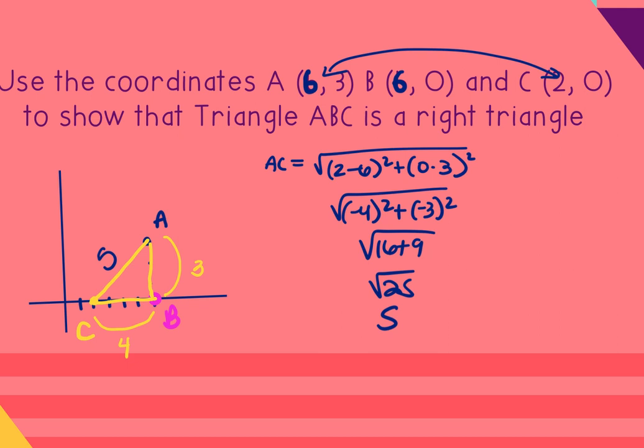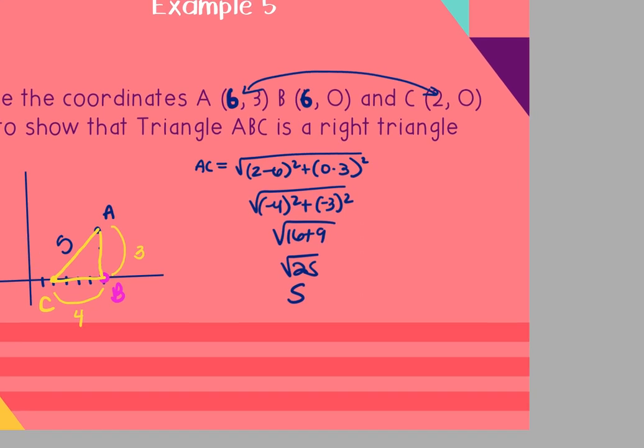Now, if you remember your triples, you would know 3, 4, 5 is one of them, okay? To verify, you're going to work it out. I'm going to say a squared plus b squared, show that a squared plus b squared equals c squared. How do I know which one is A, B, and C? Good. C is the longest, or the hypotenuse.